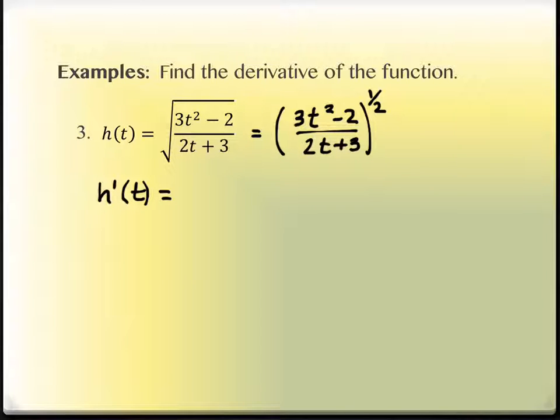And they'll view this as the numerator to the 1/2, the denominator to the 1/2. And it works okay. If you view it that way, you end up with a quotient rule on the outside and a chain rule on the inside instead. So it just sort of changes the order of what you're doing. You get the same answer, but it is a different way of viewing it. I like to do it with the quotient inside and the chain on the outside. That's how I like to see it. But you can do whatever feels comfortable when you encounter those problems.